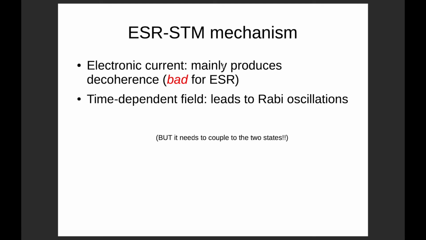The electron spin resonance mechanism is based on an applied electric field that will induce an alternating current. But this is bad for ESR because it increases the decoherence. What we need to see is how this time-dependent applied bias leads to Rabi oscillations. And the problem is that it needs to couple the two magnetic states.